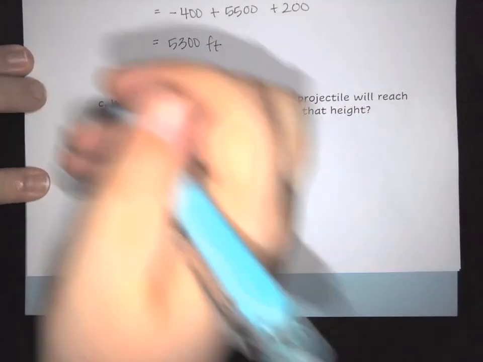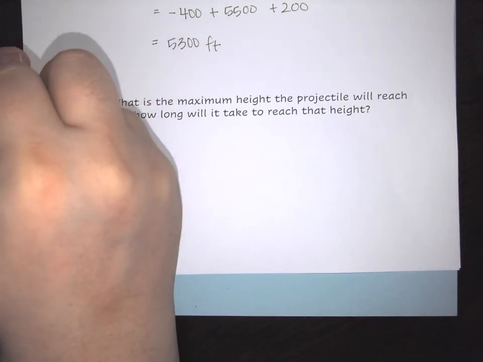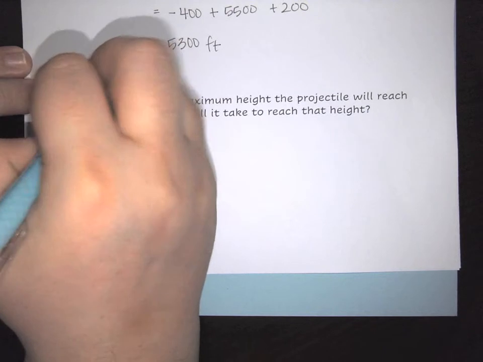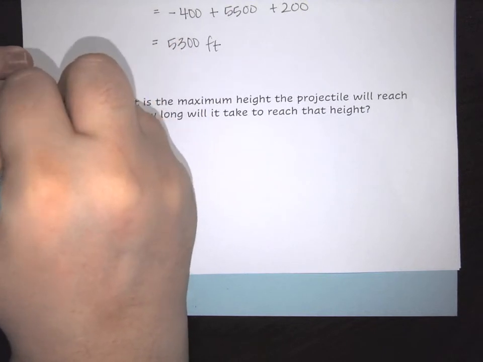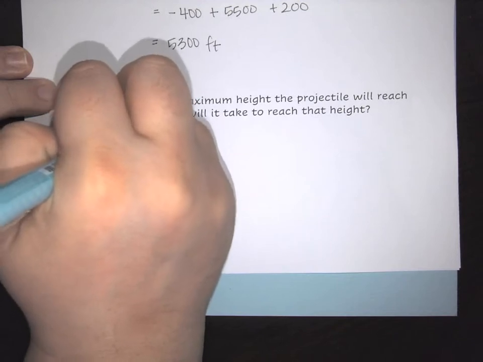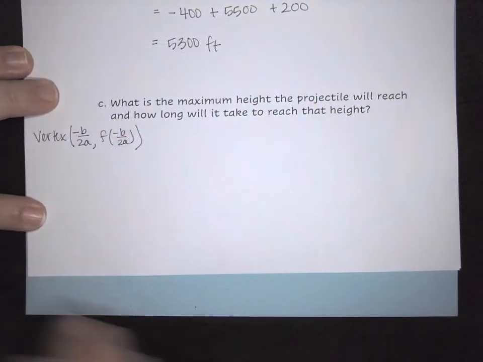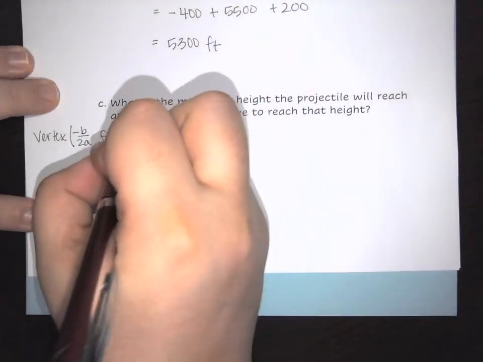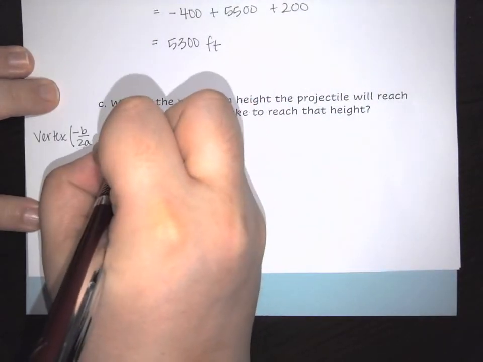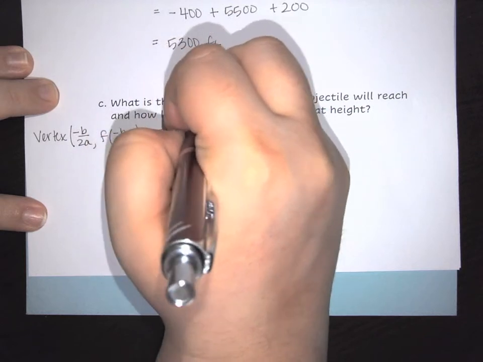One of the things we know is that your vertex is going to be comprised of negative b over 2a, function of negative b over 2a. And we know that this piece right here, the y piece, is going to be your maximum height.